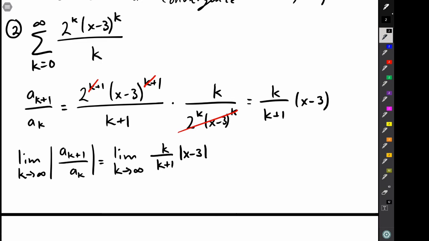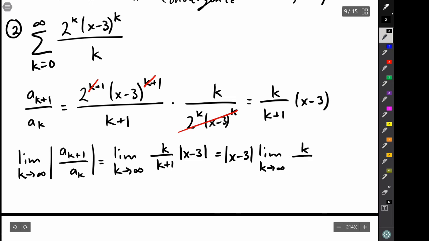That absolute value of x minus 3 has nothing to do with the limit for k, so you can factor it out and then do the limit if it helps you sort it out. What you'll find is this is the absolute value of x minus 3 times 1, since the limit here is 1. And we want to make sure that this is less than 1.